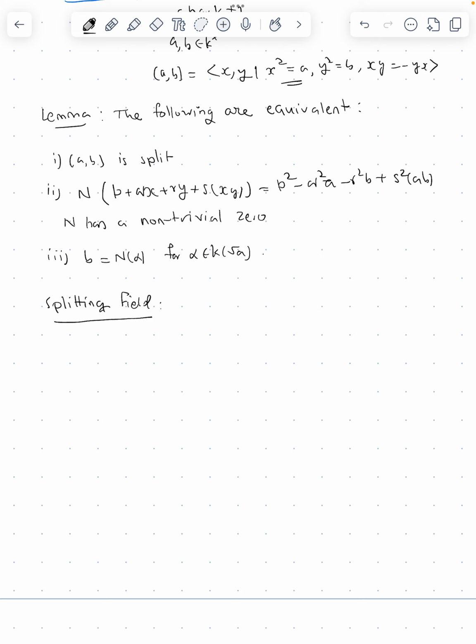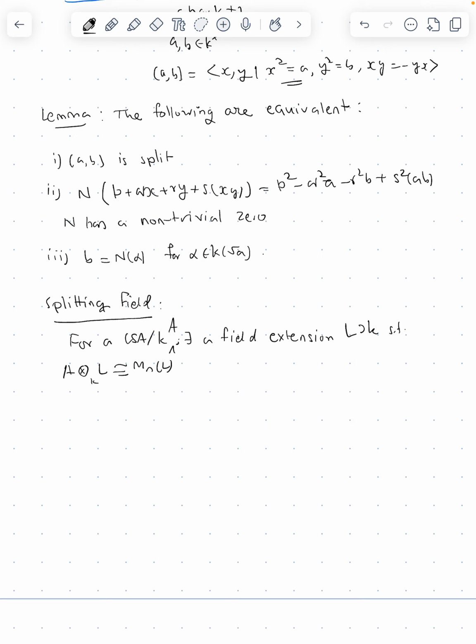That means for any central simple algebra A over K, there exists a field extension, let's say L over K, such that when you base change, A tensor L over L is just a matrix algebra.